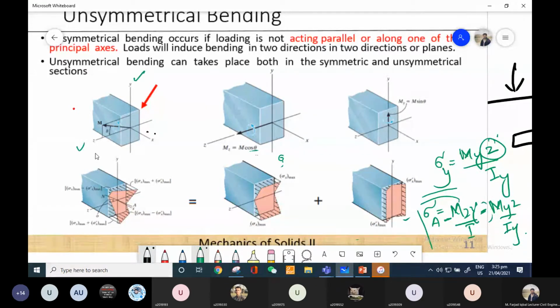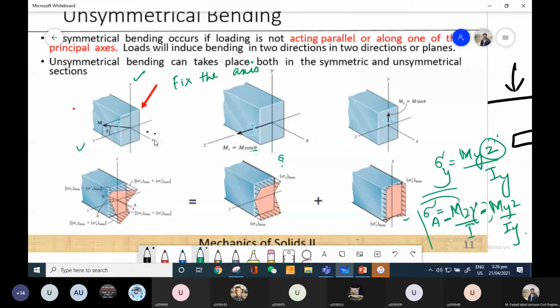Now I will fix the axis, and what I will do, I will change the signs of movement. For example, let's suppose I will fix that my y-axis is upward and z-axis is towards the left side.